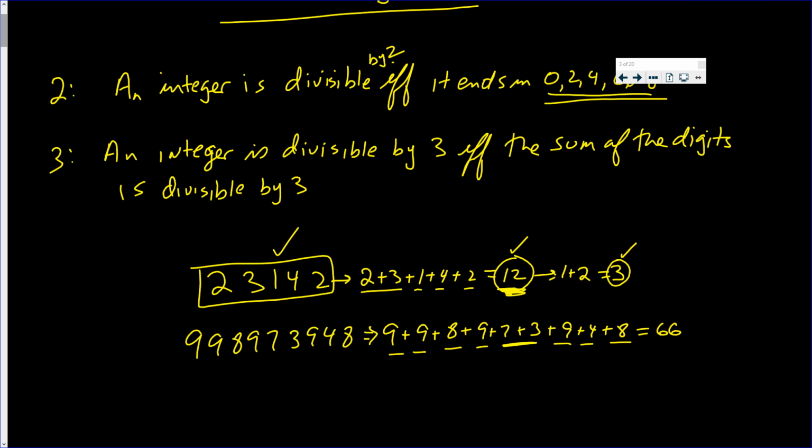Now clearly that number is divisible by 3 because 3 goes into it 22 times. But if you didn't know that, that's okay. We're looking at these numbers, and then you get 6 plus 6 is 12.